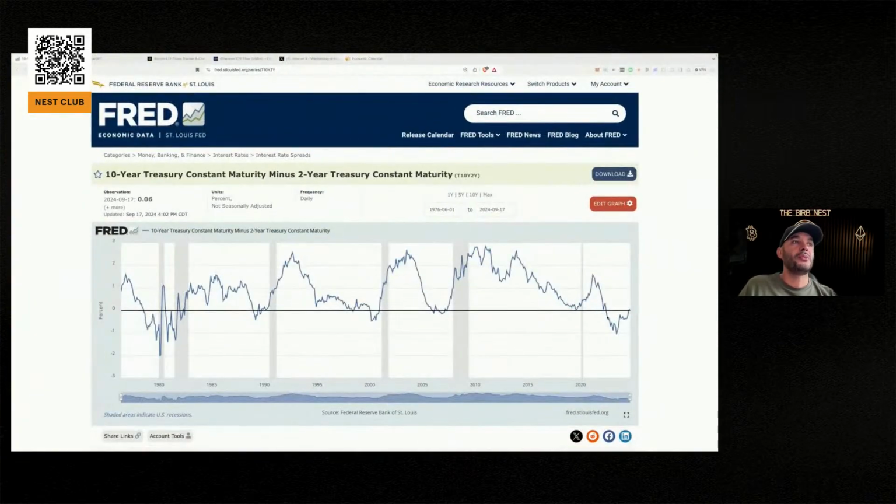This was extremely inverted for a long time, so it might be possible that the lead time to a recession, of course it could be a soft recession, I don't know, could take longer than normally.